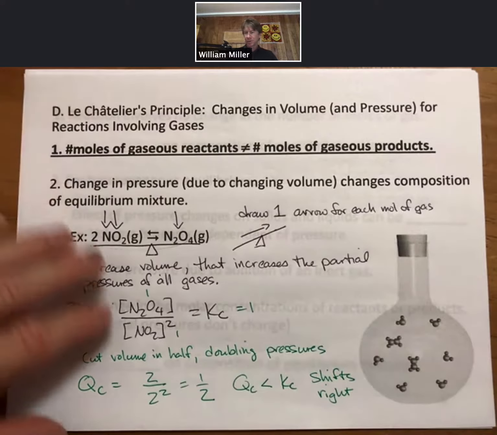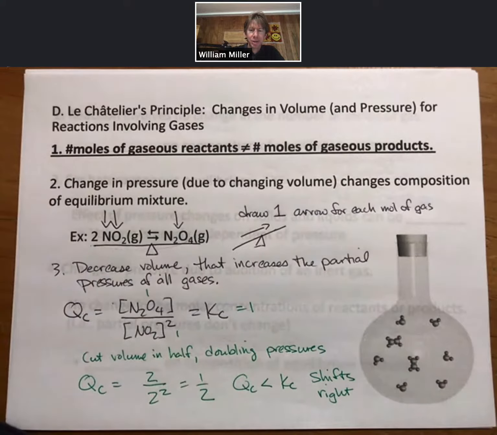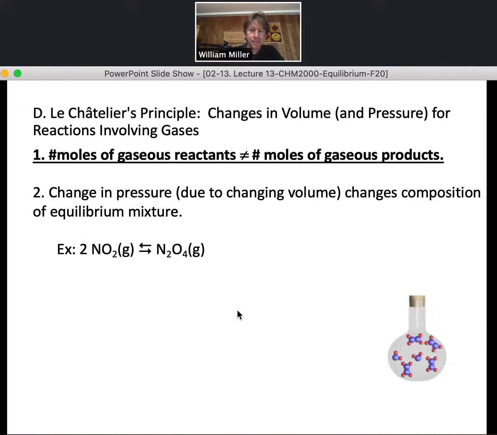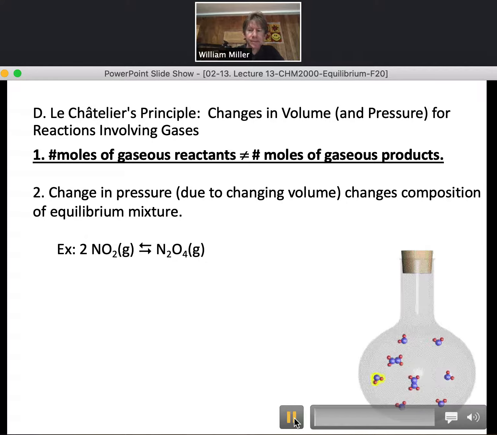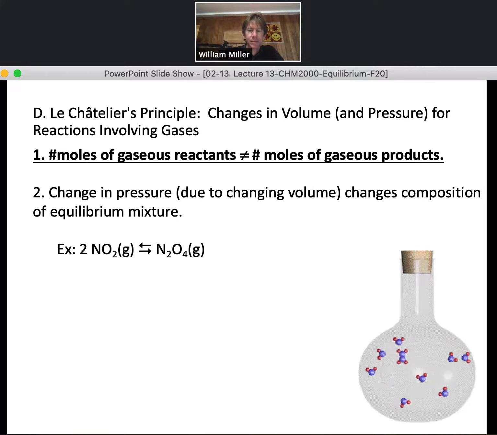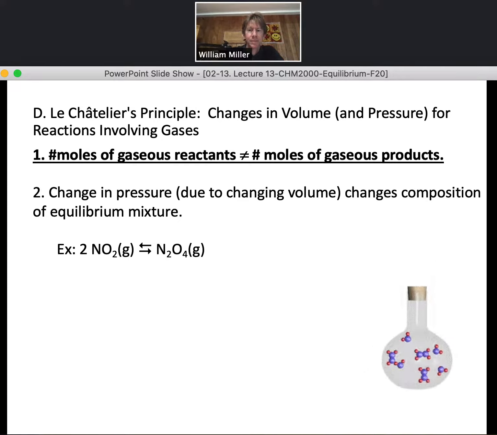Now let me show a little video that also shows this effect. Nitrogen dioxide for every 1 of dinitrogen tetroxide, and the system is at equilibrium. If we then transfer the mixture to a flask with a smaller volume, NO2 molecules convert to N2O4 molecules, resulting in a net decrease in the number of molecules.